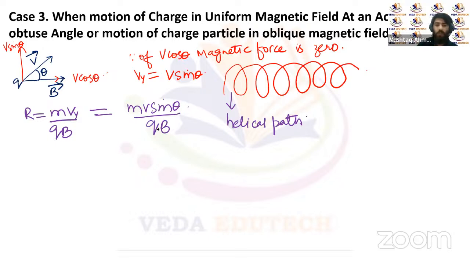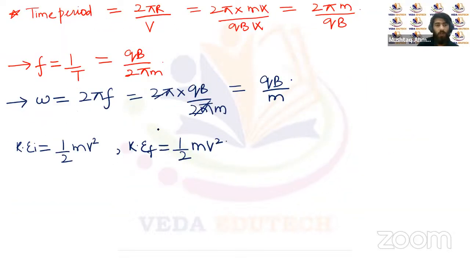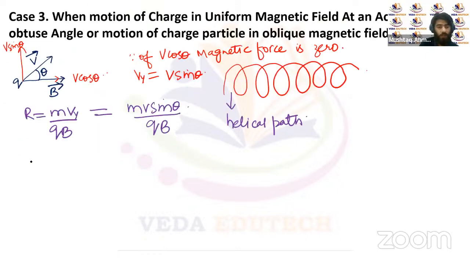Similarly, we can calculate the time period of this particle. The time period will be equal to 2 pi r upon Vy, that's the vertical component of the velocity, v sin theta.